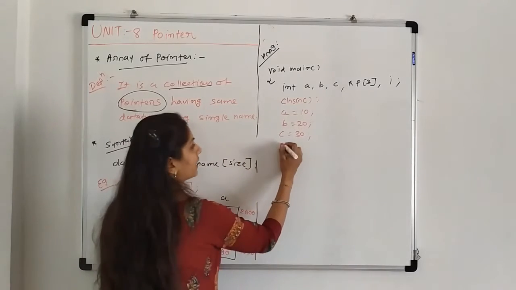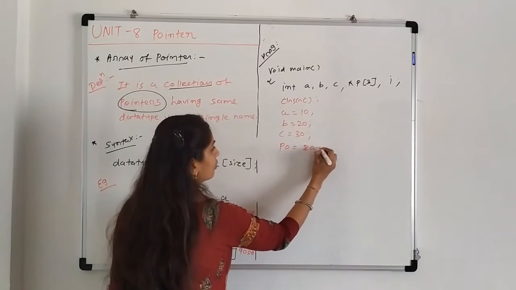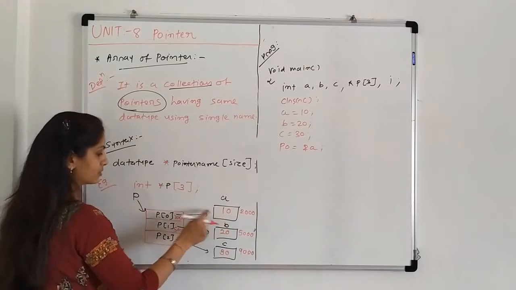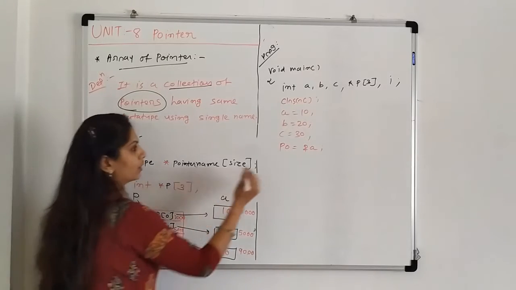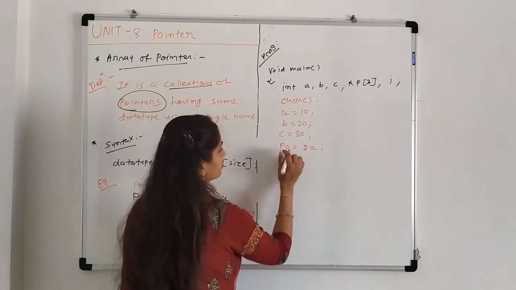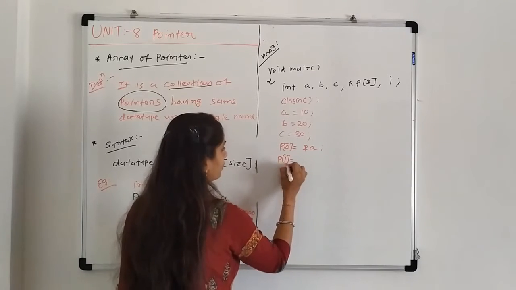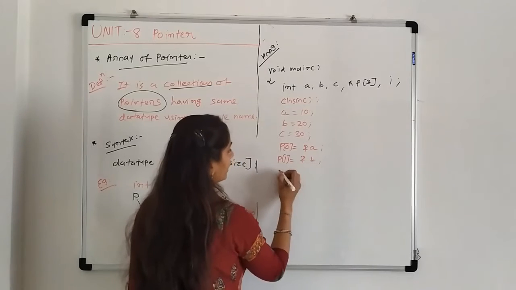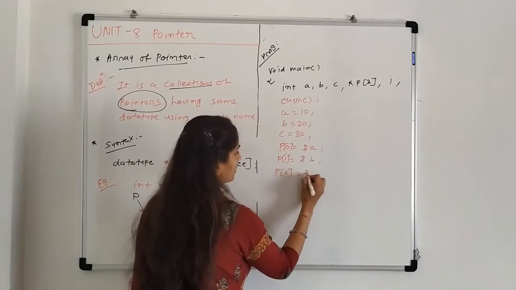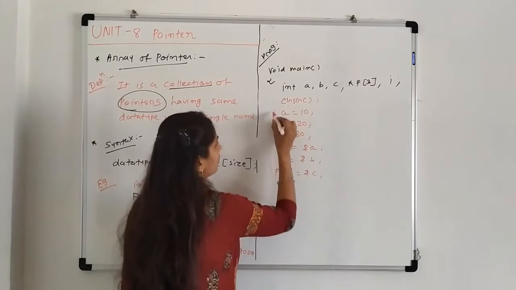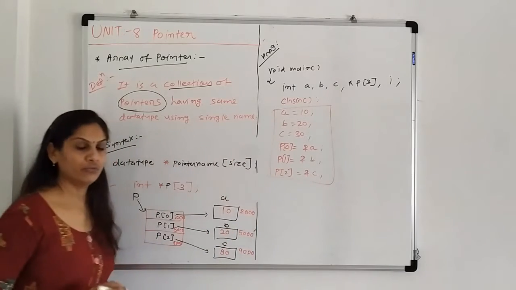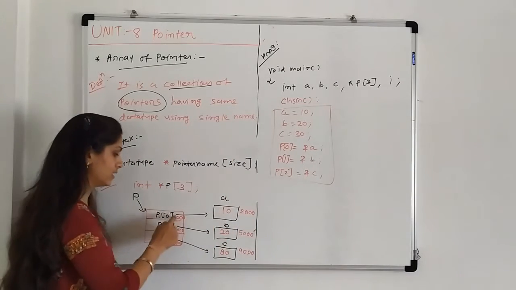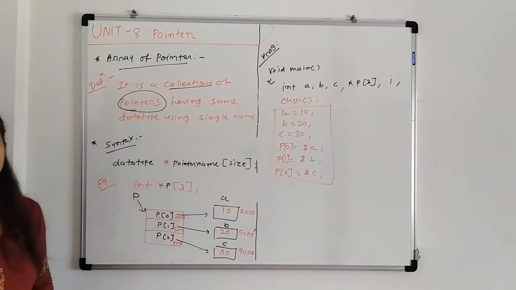Now P0 equals address of A, P1 equals address of B, and P2 equals address of C. This is the initialization of simple variables and the initialization of array elements.